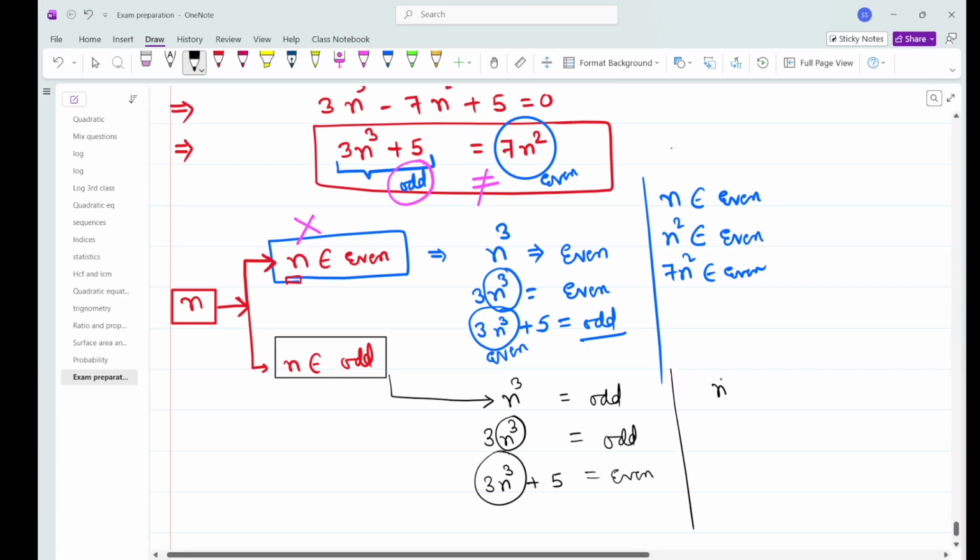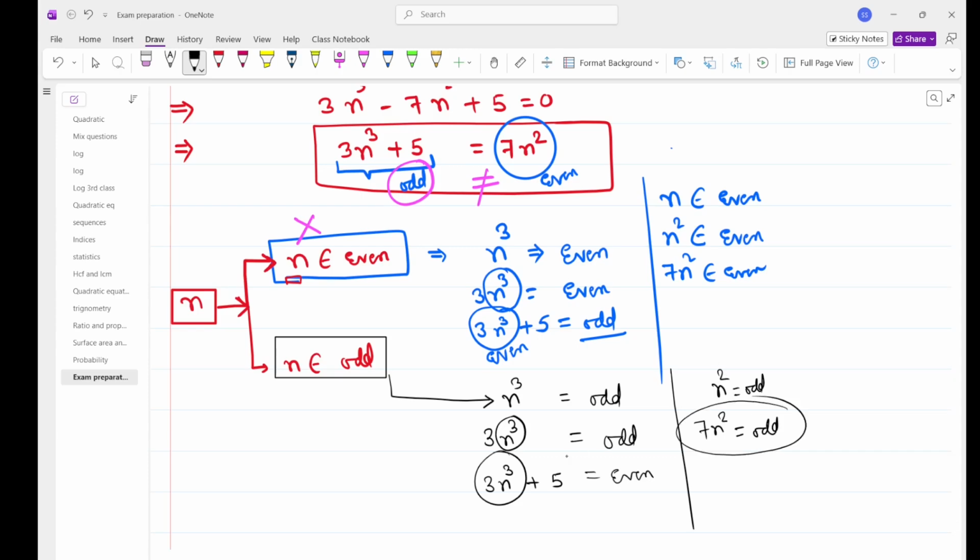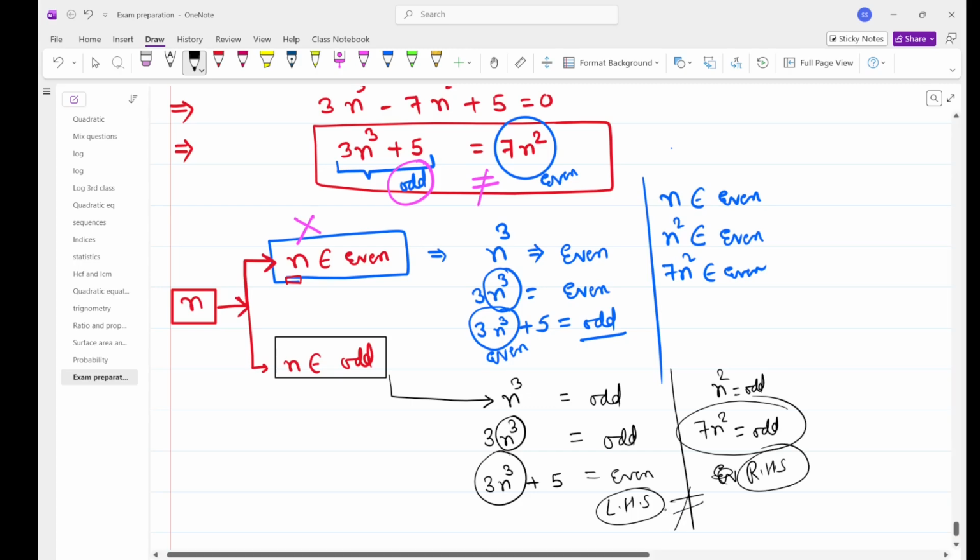Whereas n square will be odd. Similarly, 7n square will also be odd. So in this case, your left hand side is an even expression, whereas your right hand side is an odd expression, right? Do you think that they can be equal for any case? No. So we have discussed both the possibilities for n.